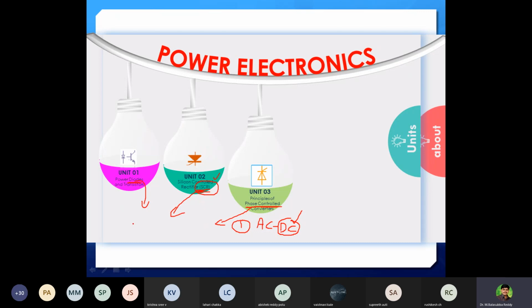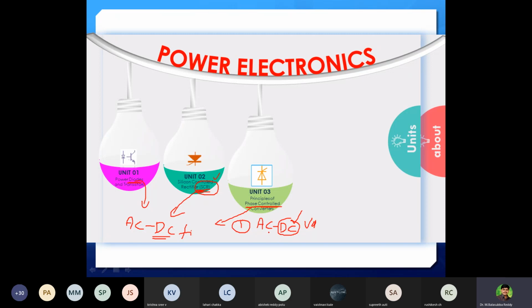With the same circuit, if I use diodes instead of thyristors, the function is the same: convert AC to DC only. But the difference between the two is that this DC is a fixed one, whereas here it is a variable one.